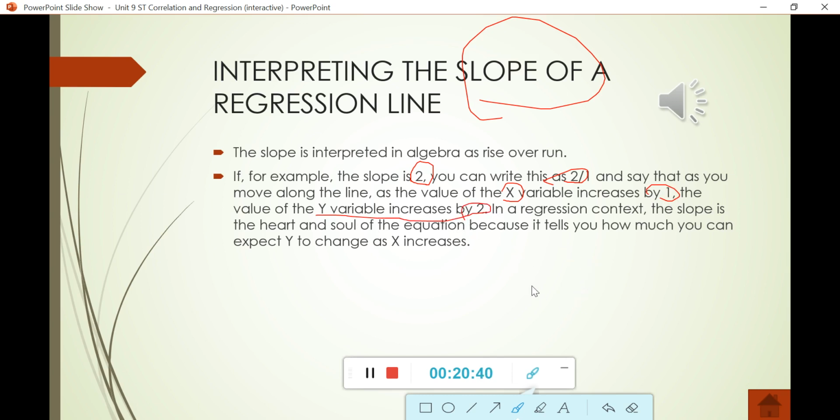Okay? So every time, let's say, for example, I spend 1 million in marketing, I'm going to see 2 million in sales. Okay, so that's how we interpret the slope of a regression line. That is how we interpret that line that we were looking at, that slope of a regression line. So that was this, that the regression is somehow the connection.